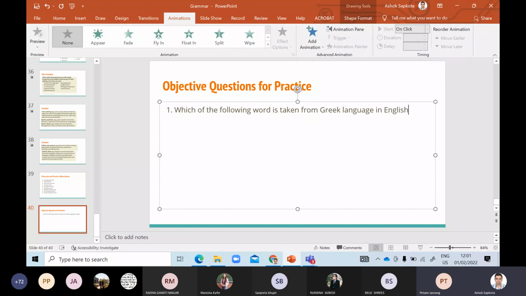Now you have to think. Option A is apostrophe. Option B is cotton. C is landscape. D is piano. Can anyone tell me?